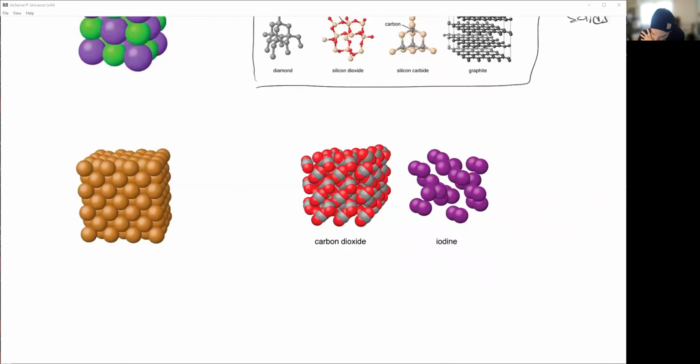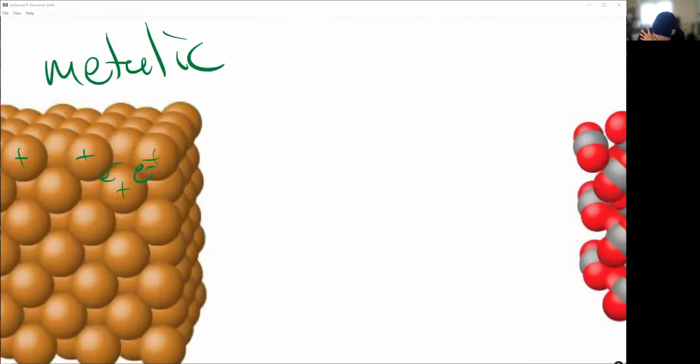Here we have an example of a metallic network, or metallic bonding. Again, these are all positively charged, but there are electrons that are kind of holding them together in between all of these. Okay, so all of these are positive and we have electrons floating all in here, holding these all together. Of course, this is always neutral.